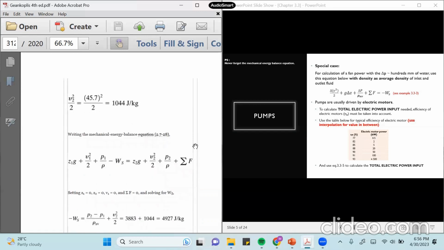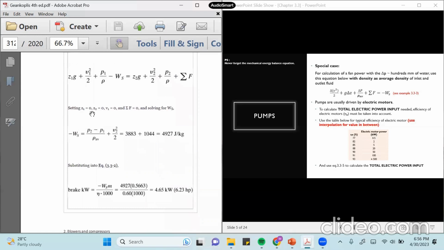We set Z1 and Z2 equal to 0, because usually for a fan, they will just move the gas around, not go upward, but just pass in the same elevation, right?